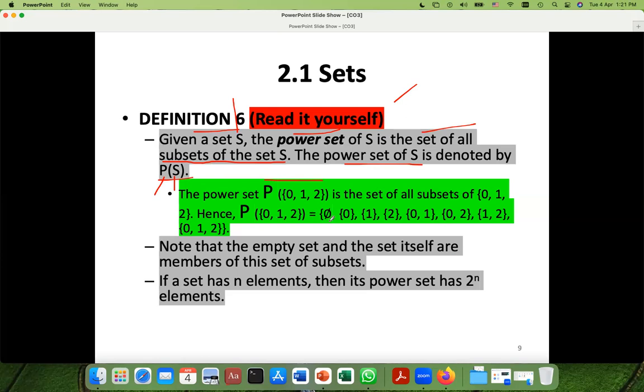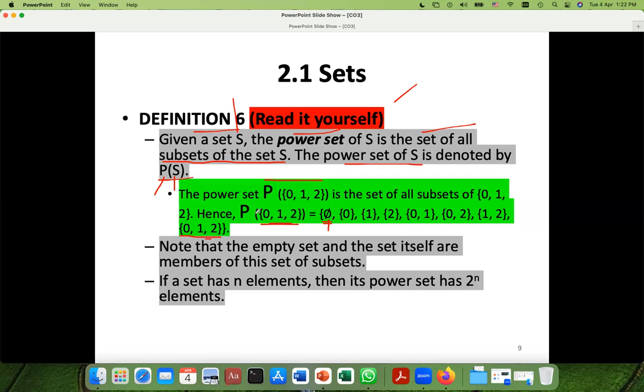So the power set will contain, first, you have to include the null set phi, and the set itself, by default as a subset, as a collection of the subsets. So whenever you calculate the subsets of a set, this would be the part: the phi and the whole set itself.